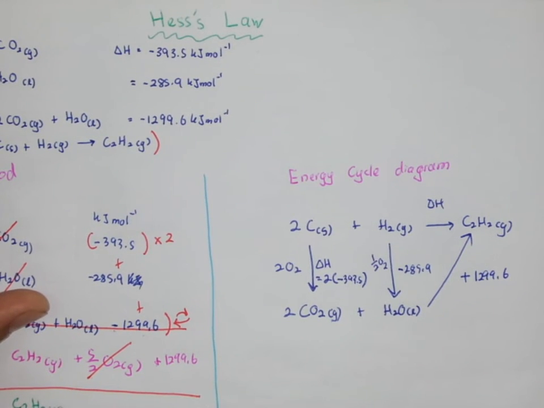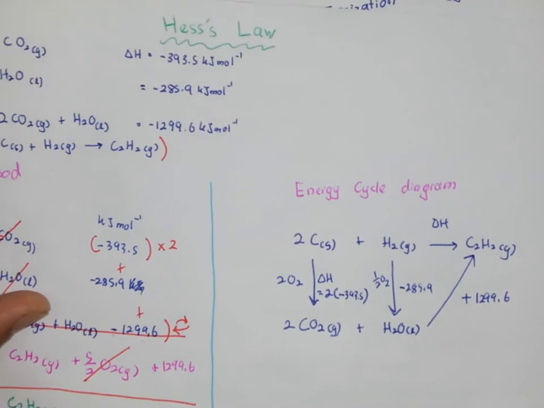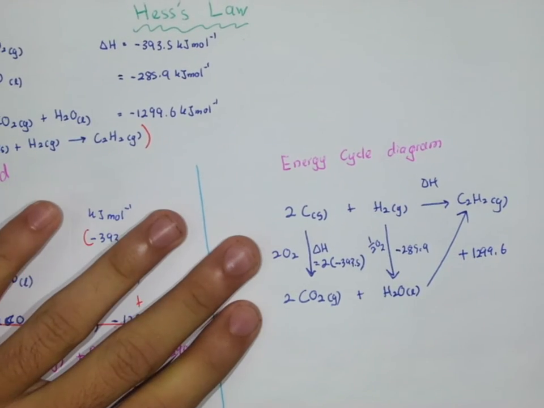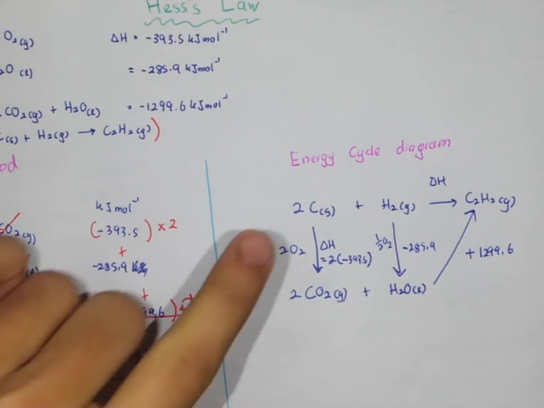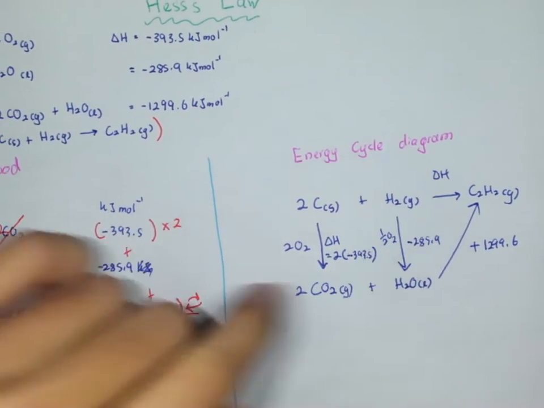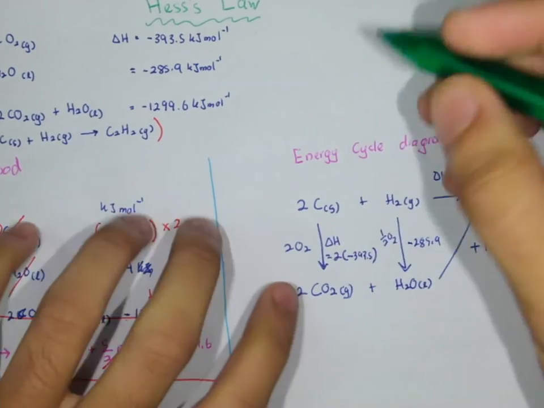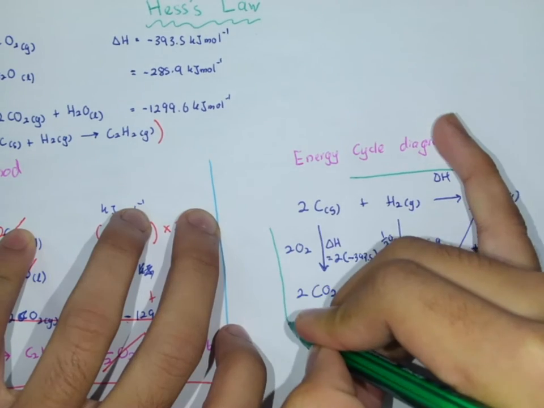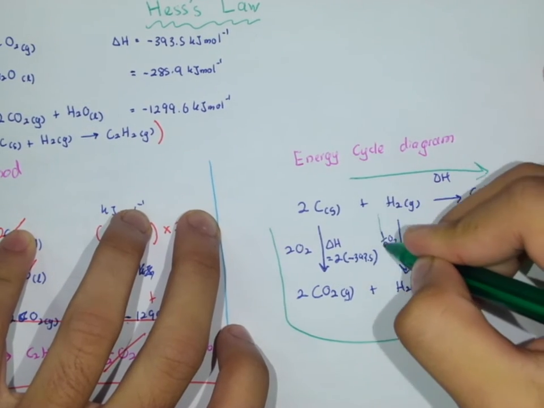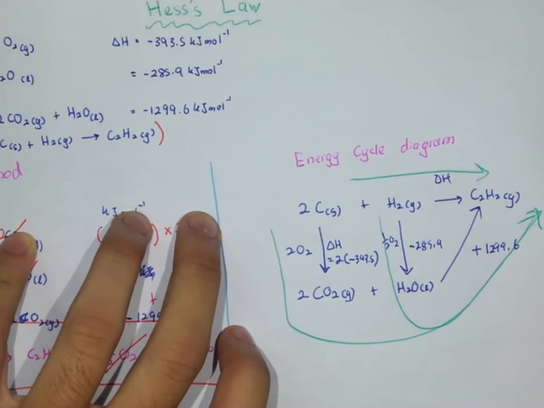So that's how you want to do energy cycle diagram. Question sometimes will ask you to do using energy cycle diagram. Okay, so macam mana nak cari delta H? Okay, remember this step is also equivalent to this step and plus this step.